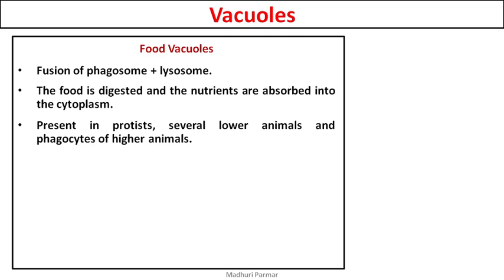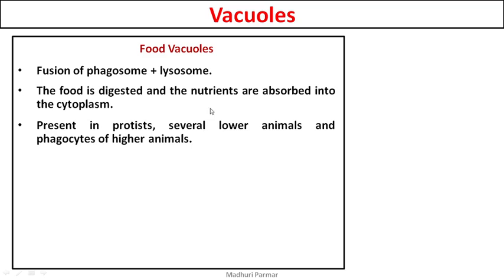I hope you know that apart from the WBCs in your blood, organs also have their own WBCs. For the liver they are called Kupffer cells, and for the brain they are called microglial cells. These are nothing but phagocytes of organs. So wherever there are phagocytes in higher animals, these will also have food vacuoles.